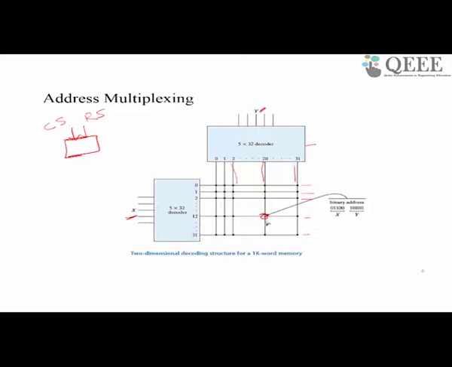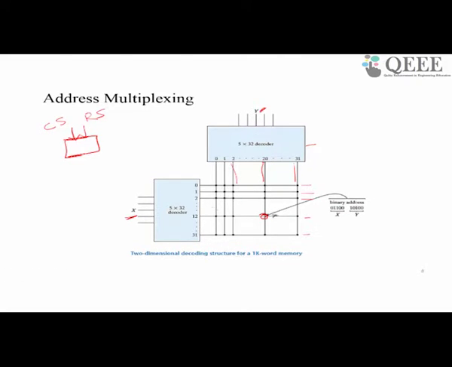Now the complexity of decoding is largely reduced, because we need only 2 5 to 32 decoders, and for each 5 to 32 decoder we need 5 input AND gates. Totally we need 64 5 input AND gates, which is much less compared to 1024 10 input AND gates. So the decoding becomes easy.